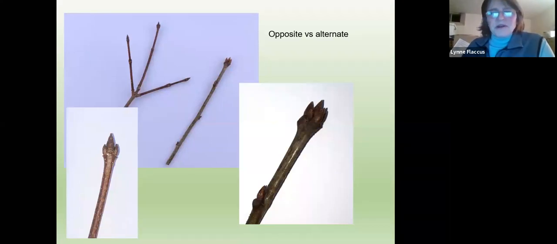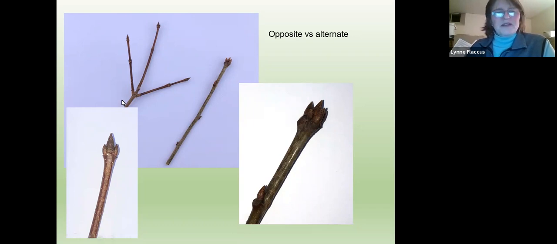So jumping on to the hardwoods, the deciduous trees, one of the first steps to take is to figure out whether the buds and the twigs grow opposite from each other, like in this maple, or the buds are alternate on the twig, on alternate sides of the twig as it moves up the twig.